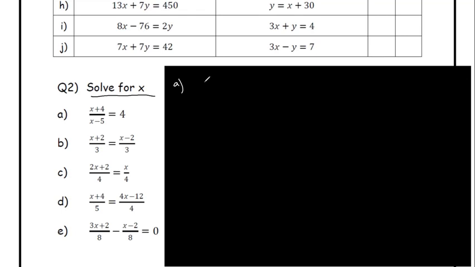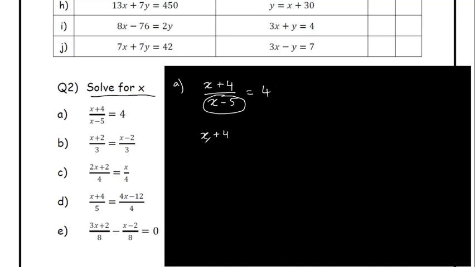A. You got x plus 4 on the top, x minus 5 at the bottom, equals 4. So all we got to do is multiply both sides by x minus 5. What I mean by that is we simply take the denominator portion and take it to the right hand side, in bracket. So that's the step.